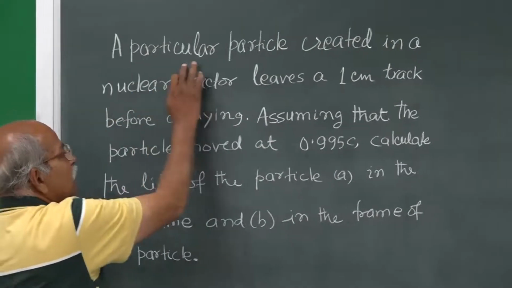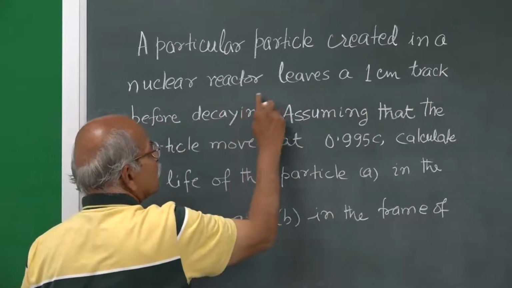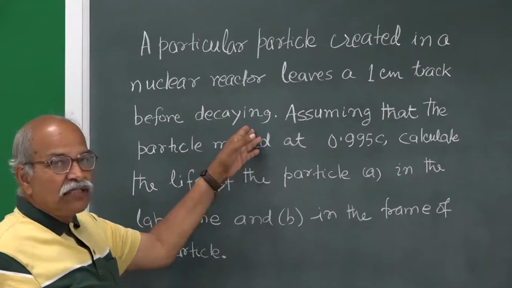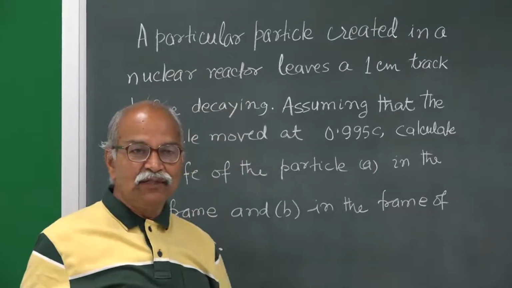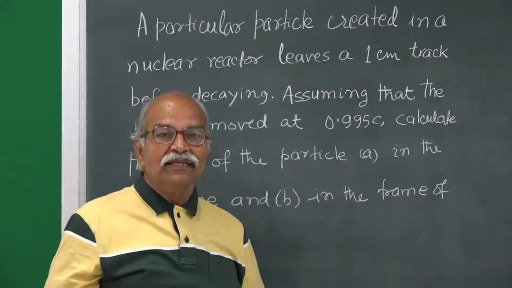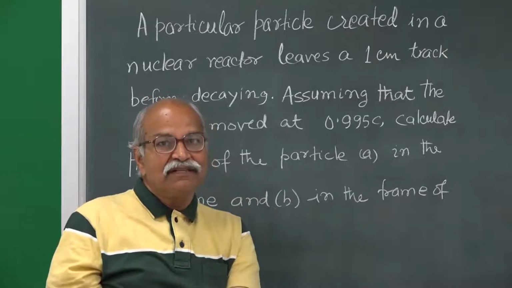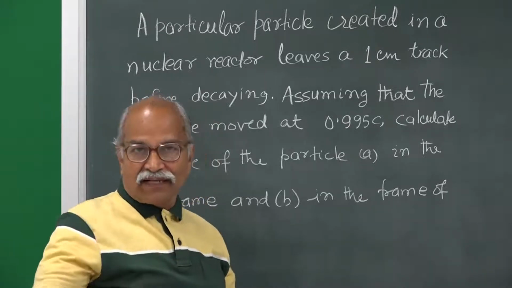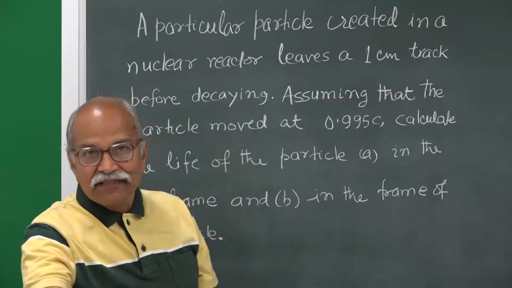A particle created in a nuclear reactor leaves a 1 centimeter track before decaying. In a nuclear reactor you have varieties of nuclear reactions taking place, new particles are created and then those particles move, and in the detector system, when the particle moves through the medium, it leaves a track, and when that particle decays, the track is terminated.